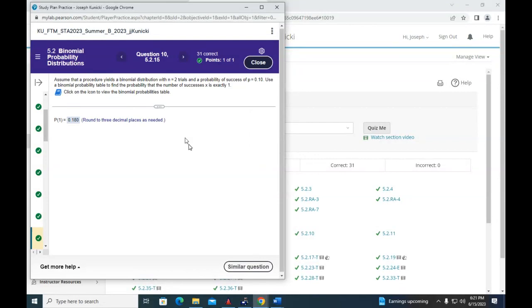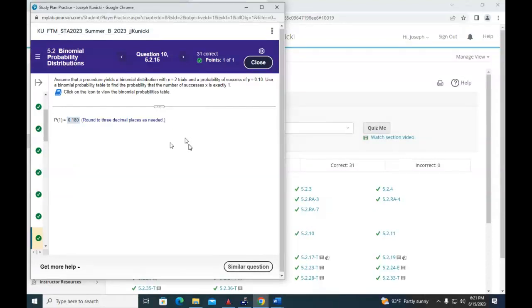We want the probability of one success. So it's 0.1, 0.9, 0.9, 0.1. So when you multiply those, you get 0.09, 0.09, and when you add them together, you get 0.18 with a 0. See that?